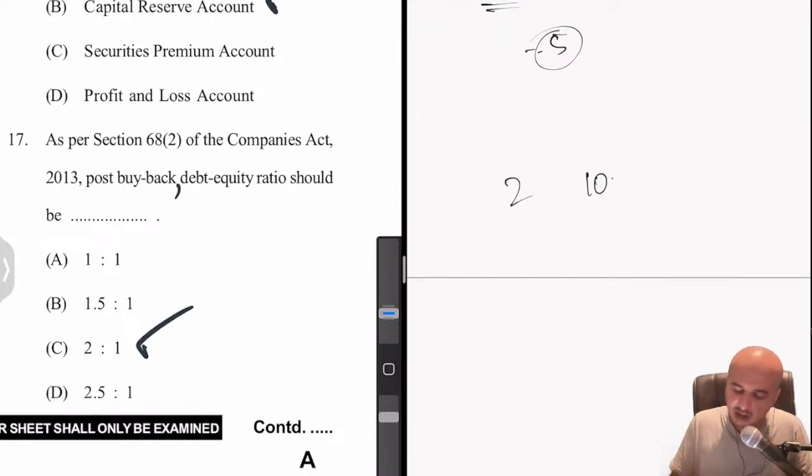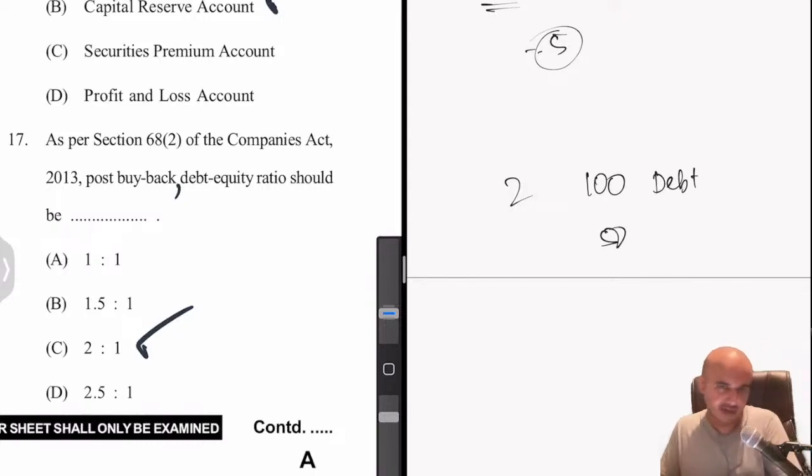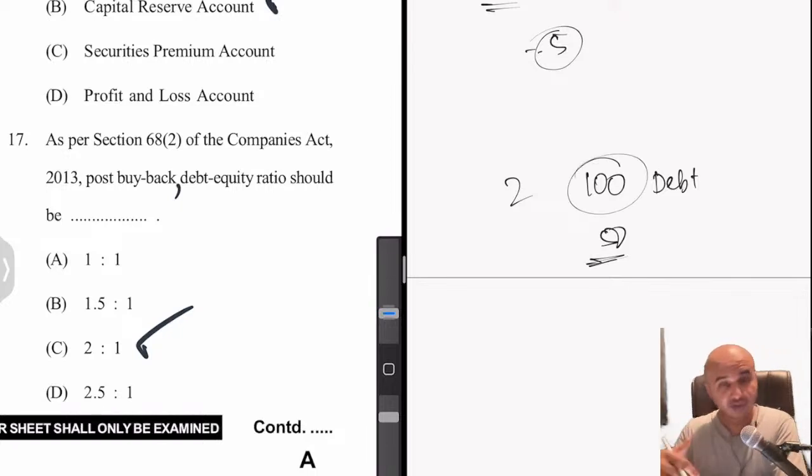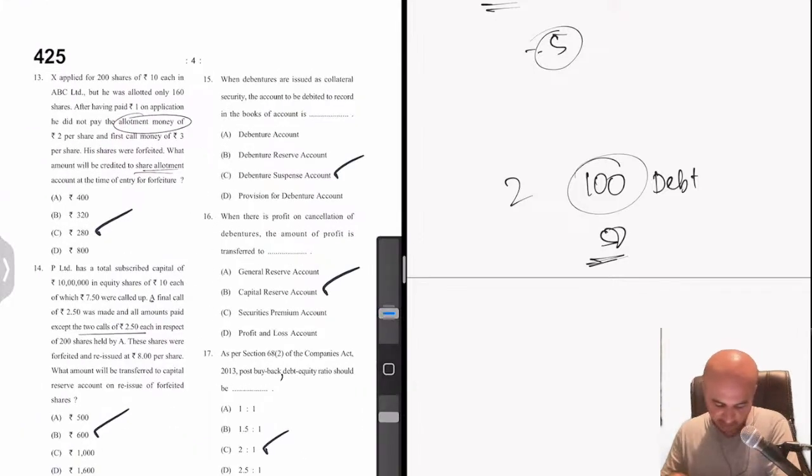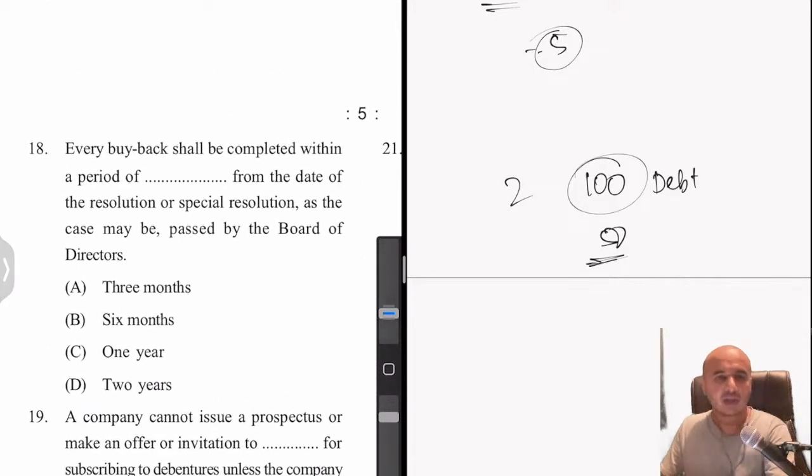That means if we have 100 rupees as debt, we should at least have equity of 50. If own funds is 50, the maximum debt which you are allowed to have after the buyback would be 100, double of whatever you have invested. So that's why it's called 2:1. It's a minimum, or the maximum debt which you can avail, whichever way you look at it. Let's move on to the next question.